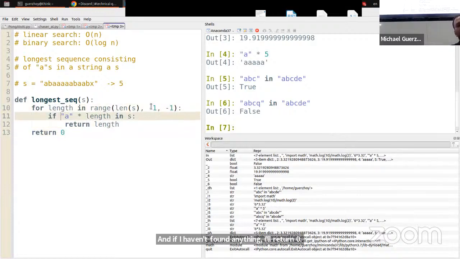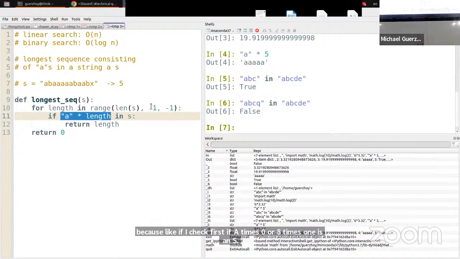So why did I do it this way? What would happen if I started with zero and went up to the length of S? Anyone? Yeah, which is zero. So I'll just get out, because if I check first if A times zero or A times one is in S, if it is, I'll return right away.